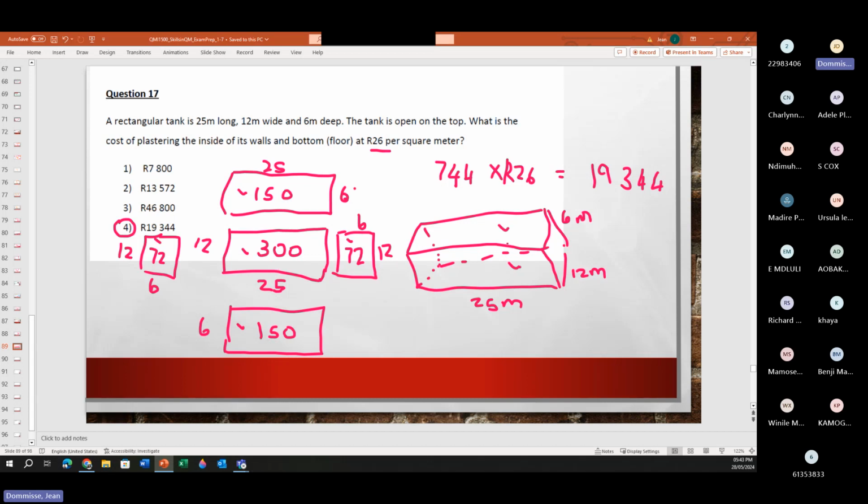We keep the tank open, so we don't need to work out the extra 300 that would have been on top of the tank. Okay, so that is how we would work out this one.